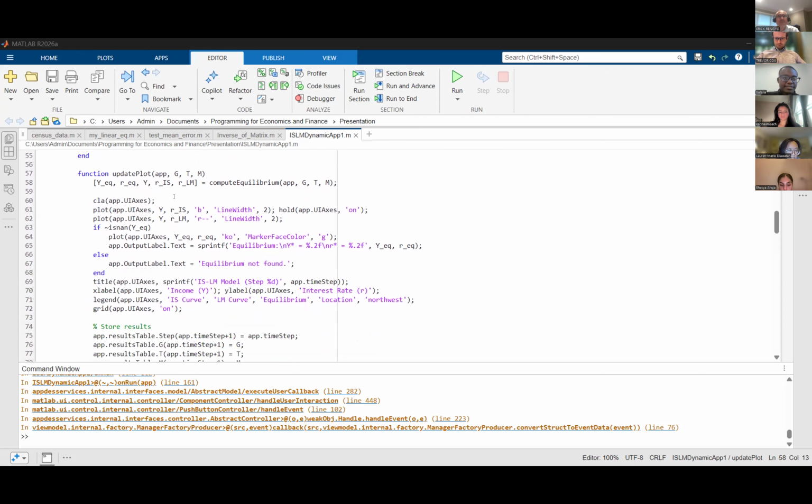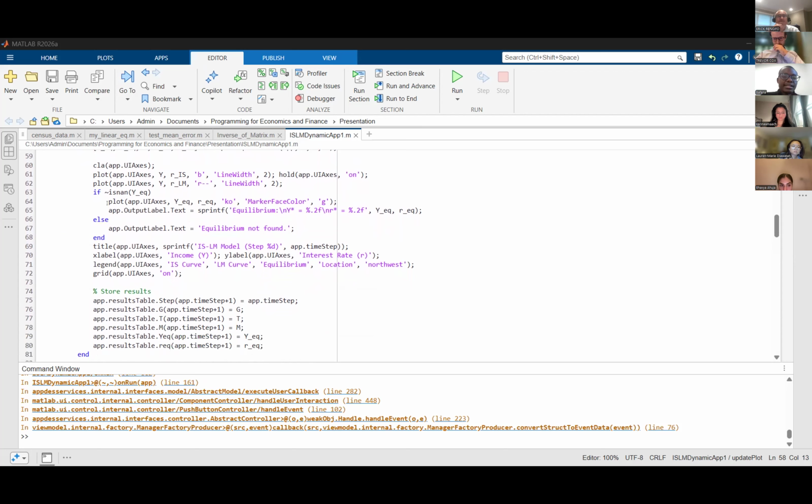And then the second function here is just for the plot. As it says, it updates the plot with government spending, the tax, and the money level for the different properties that we defined above. And it says that if the equilibrium interest rate exists, then the plot will continue and this will be plotted.